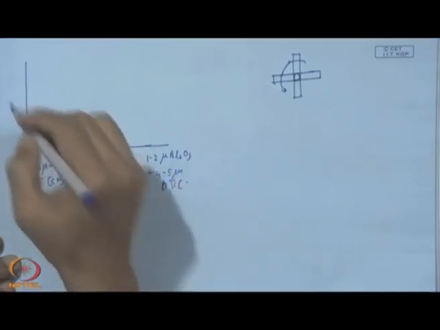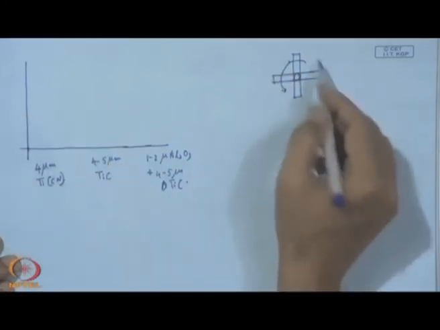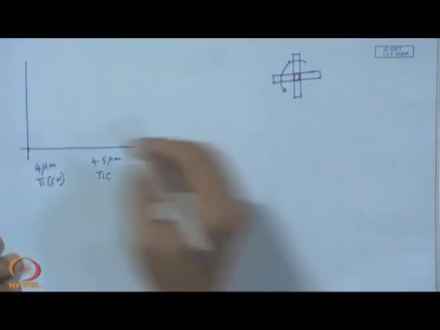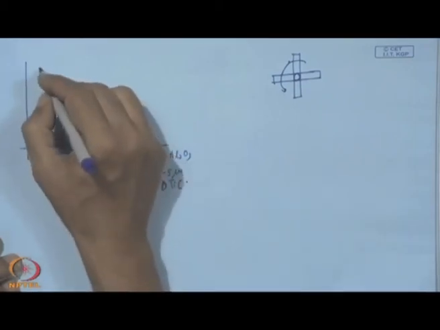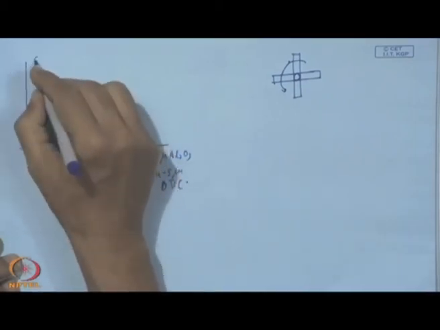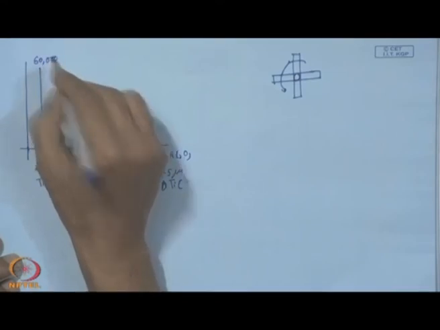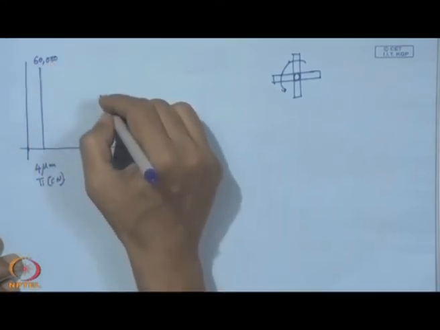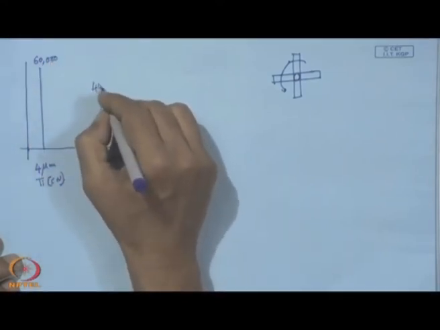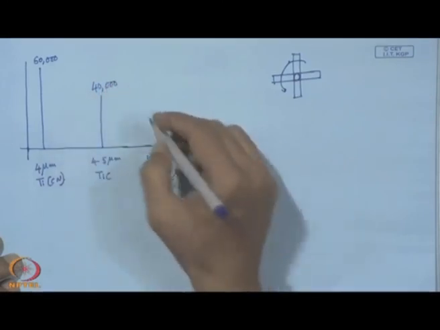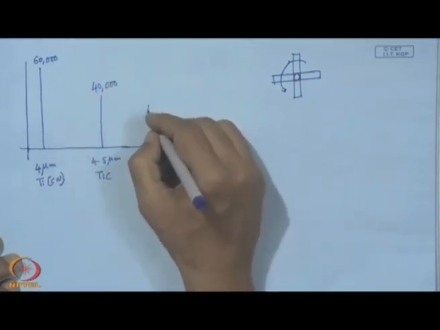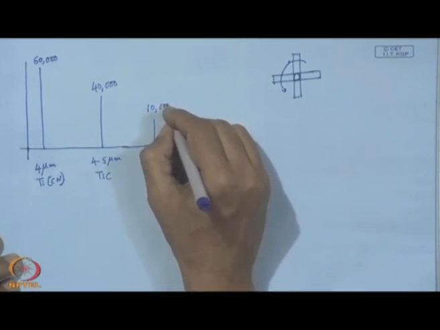And if we see their performance, the number of hits it receives, here it can go up to straightforward 60,000. This can go up to 40,000. These are some indicative figures, and this is just 10,000.